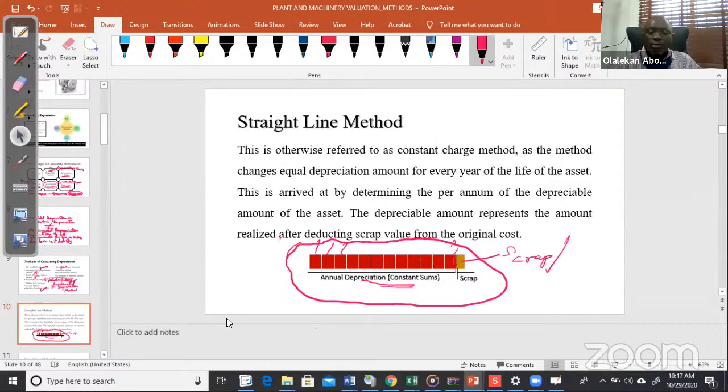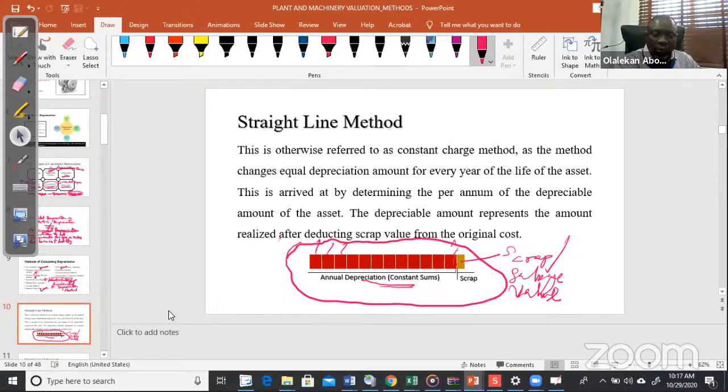Scrap or salvage value. Okay? So that scrap or salvage value cannot be depreciated. That is why cost and depreciable amount are not the same. What makes the difference is the salvage or scrap value.